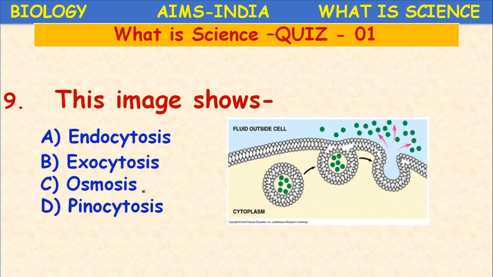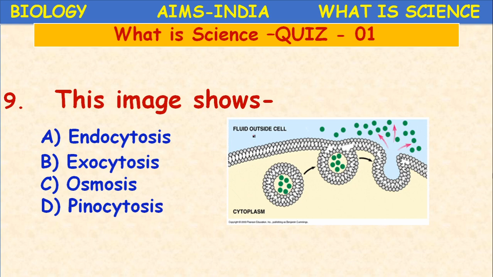The plasma membrane is involved in all these processes. In pinocytosis or phagocytosis, the membrane extends out and engulfs, surrounding the particles. That process is called pinocytosis.